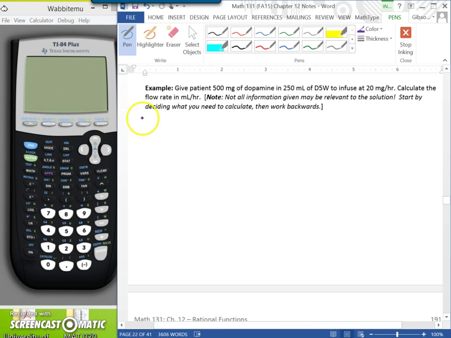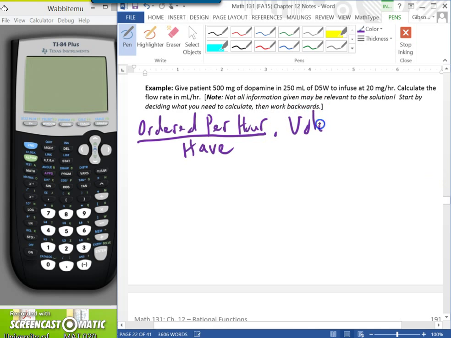Okay, so now, this is basically the formula. We have the order per hour divided by what we have, then we will multiply that by the volume, which is in milliliters, and that equals Y. Now I have to put this in parentheses.